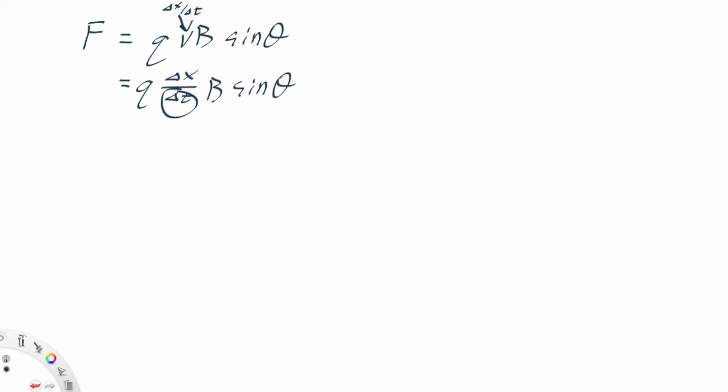So what if we take this delta t though, instead of letting it hang out under the delta x, we shove it under this q. Well, this charge per time, what is charge per time? What's another word for that? It's current. That's right.